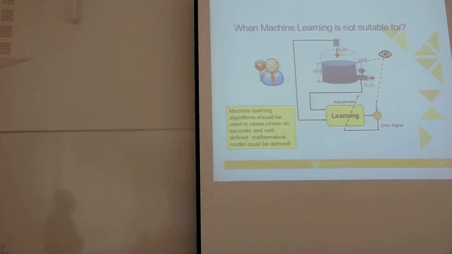When machine learning is not suitable, of course, because of this, machine learning now becomes a very nice term, so many people try to apply it even in applications that it is not suitable for. For example, for this tank model, as far as we can model it mathematically, why do we need to use machine learning to learn the level with those values?